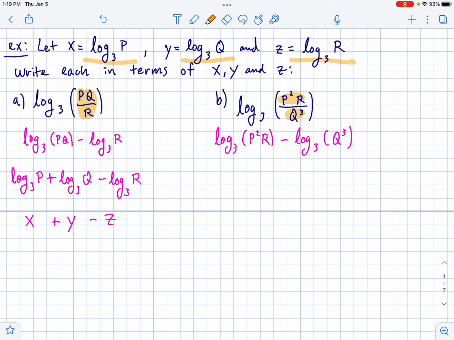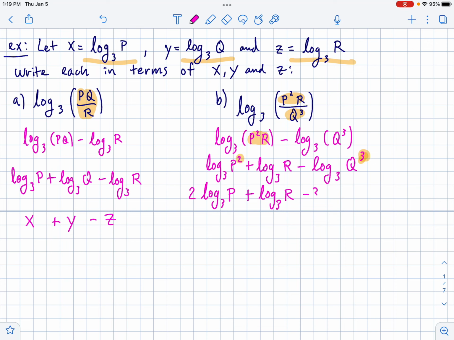Then I'll take the multiplication in here and break it apart into log base 3 of p squared plus log base 3 of r, minus log base 3 of q cubed. Then I will take those powers up top and move them out front as multipliers. So this becomes 2 log base 3 of p plus log base 3 of r minus 3 log base 3 of q.